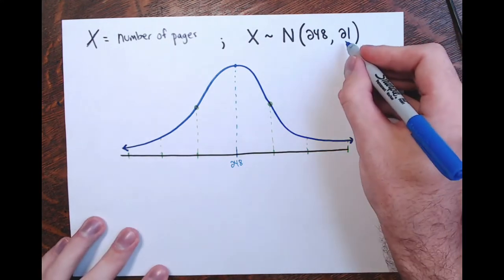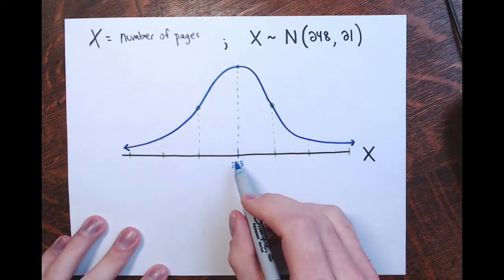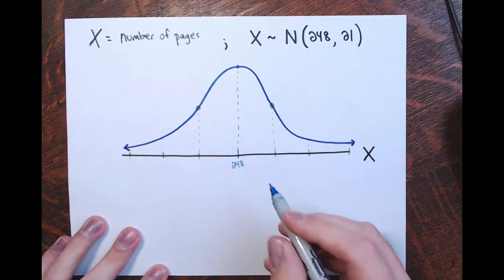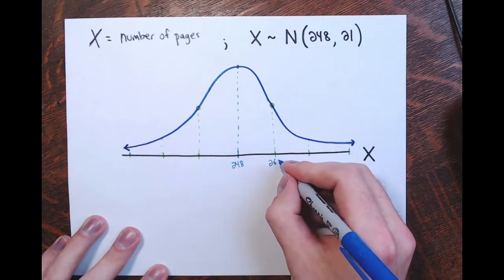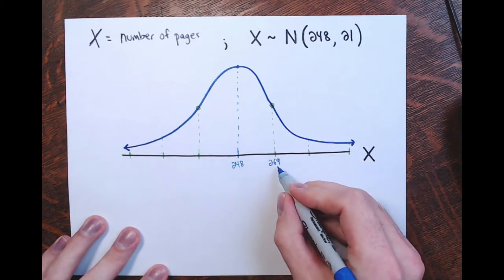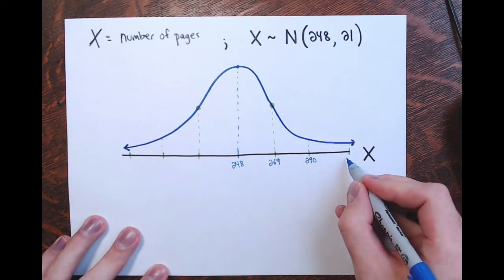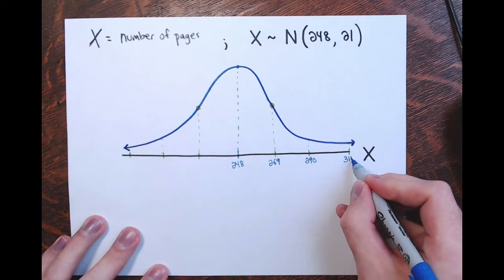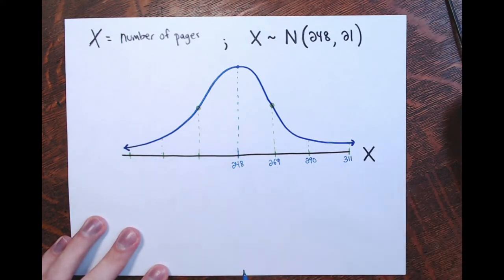Now the standard deviation is 21, so I'm just going to keep adding and subtracting 21 to get these special values. Now 248 plus 21 would be 269. Plus 21 again would be 290. Plus 21 again would be 311. And those are 1, 2, and 3 standard deviations above the mean.